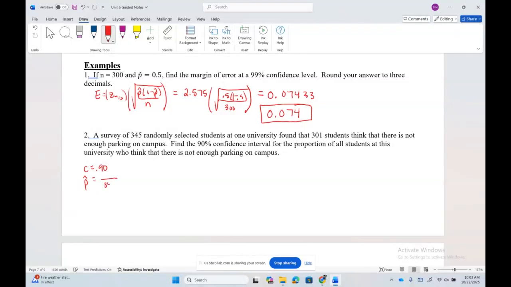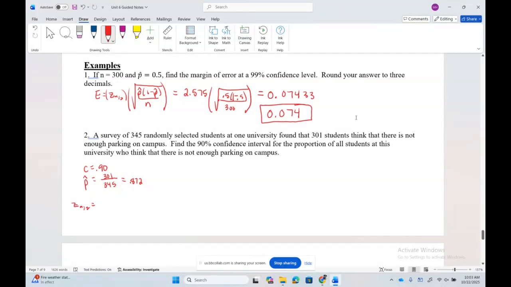We have 345 students in our sample. 301 have this characteristic. So we're going to divide these things, and we're going to find that p hat is 0.872.